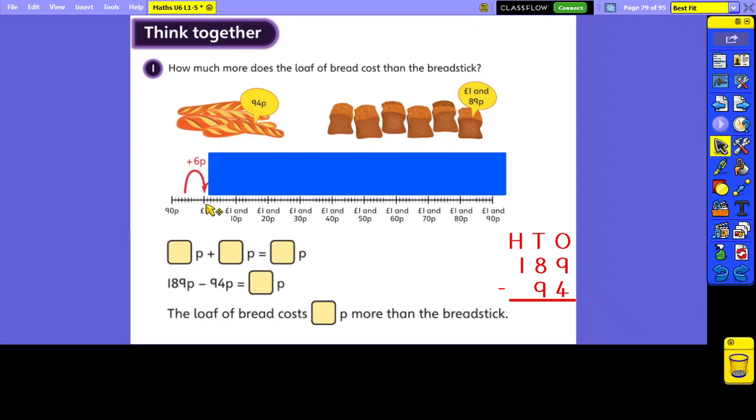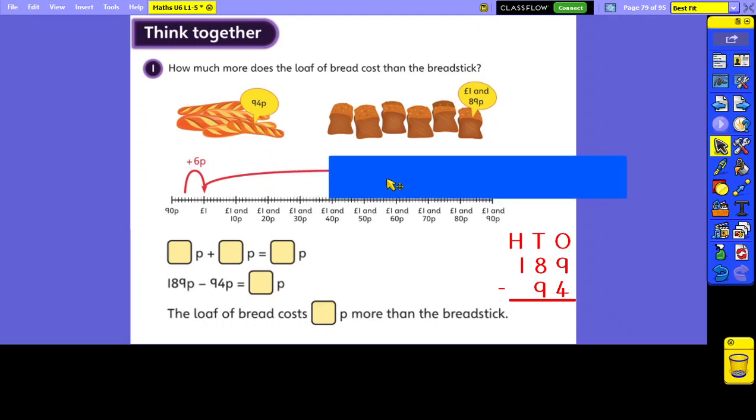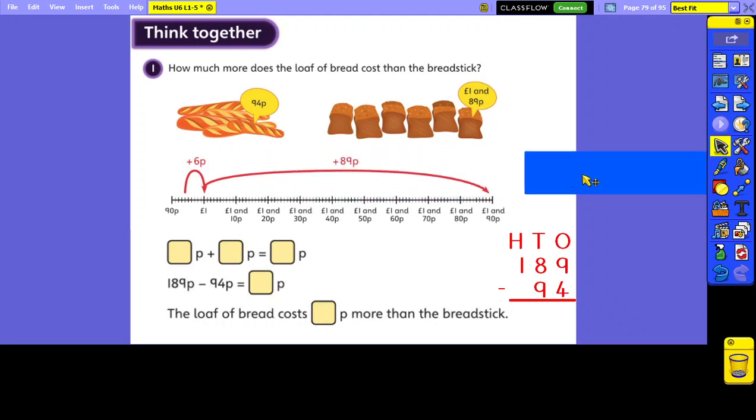Now, what do you think I'm going to do? Well, I think I'm going to just do one big jump of 89. So let's have a look. Yeah, we're doing one big jump of 89. There's no point me stopping in between, because between £1 and £1.89, which is just before the £1.90, I know it's one big leap of 89.